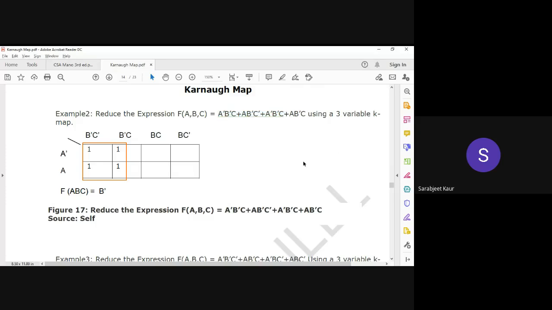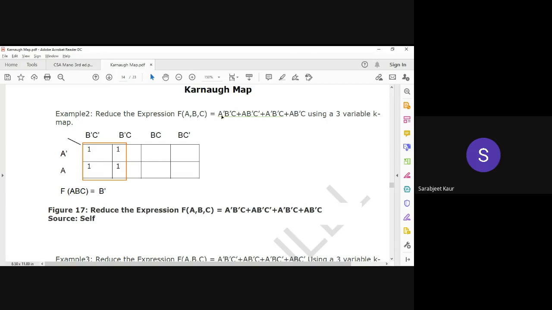So this should be A dash B dash C dash. Okay, so I get a 0. Then 0, 1, then there was a 4, 2, 3, 4. And this is 5. 101 is 5. So this is 5.